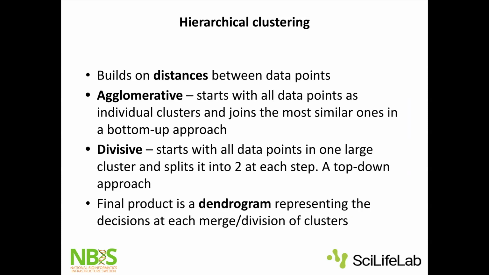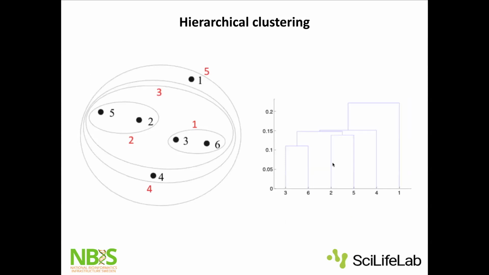And then we will have this dendrogram or tree that shows where we did this merging. So 3 and 6 are similar, they are grouped together. 2 and 5 are similar, they are grouped together. And then in the next step, all these 4 are grouped together with this sample 4, and then finally sample 1.